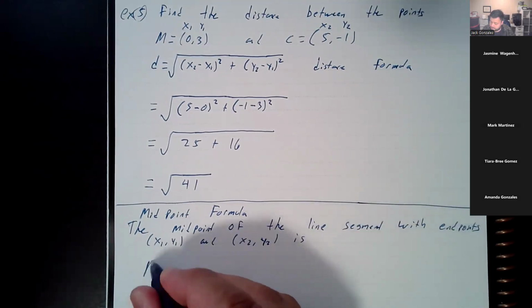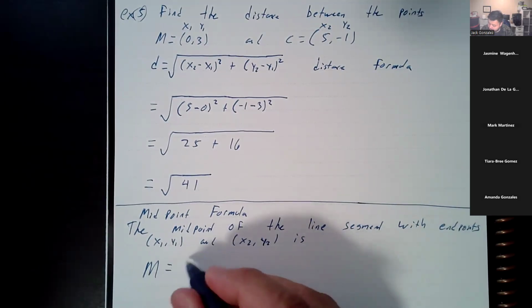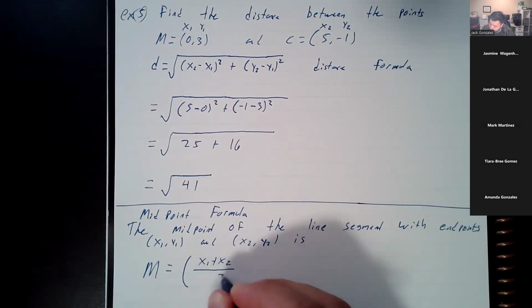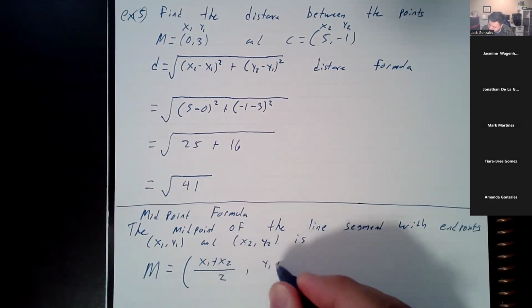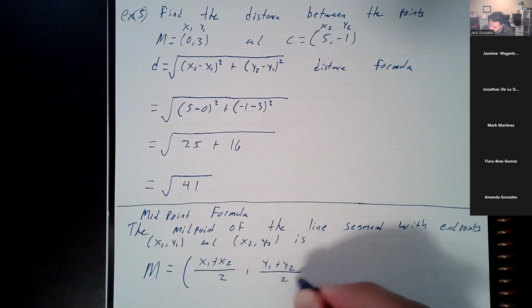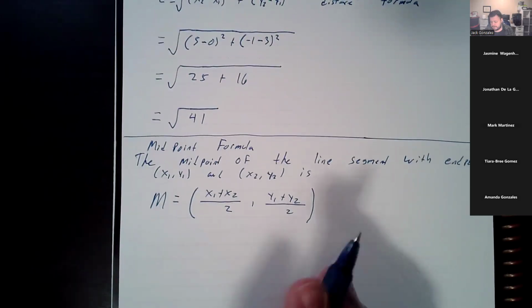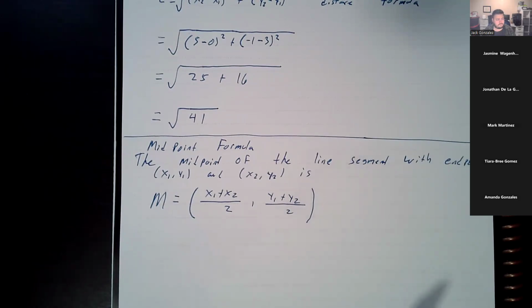So we'll use capital M for midpoint. All you got to do is add the x's, divide by 2, comma, add the y's, divide by 2. That'll give you the center point of the line segment. Okay.